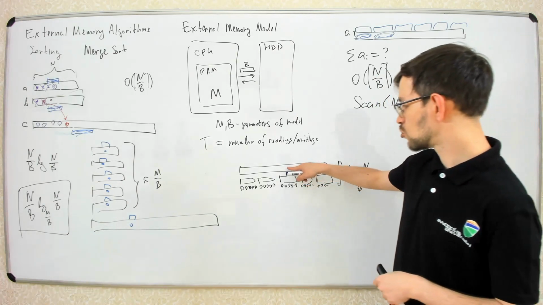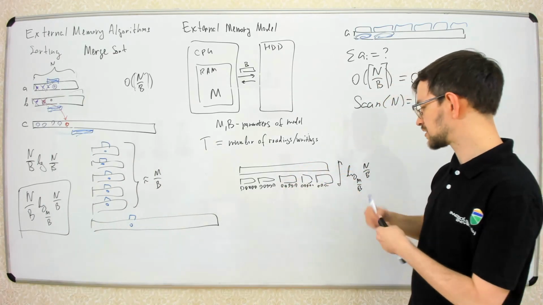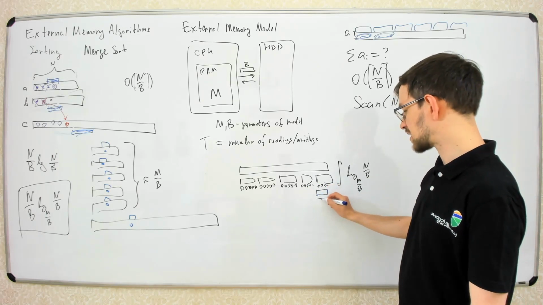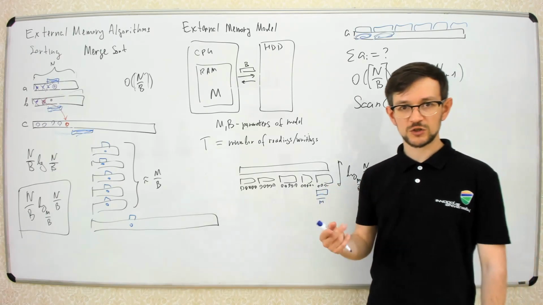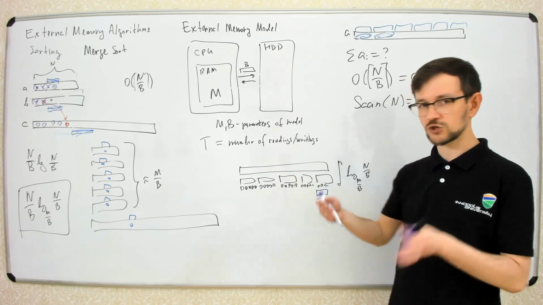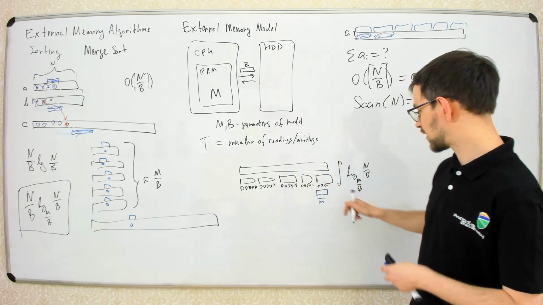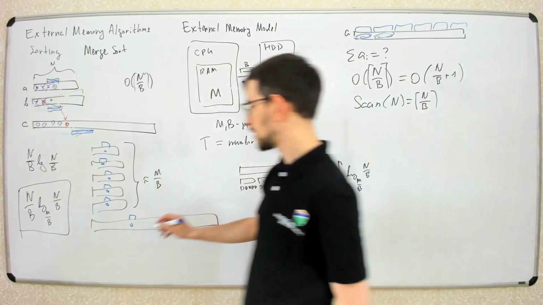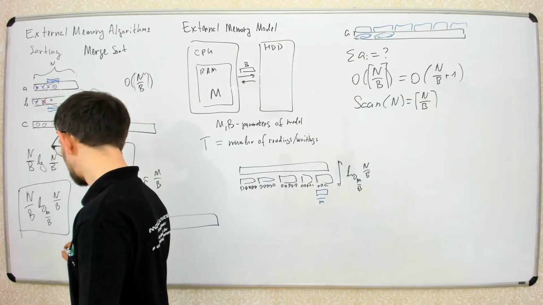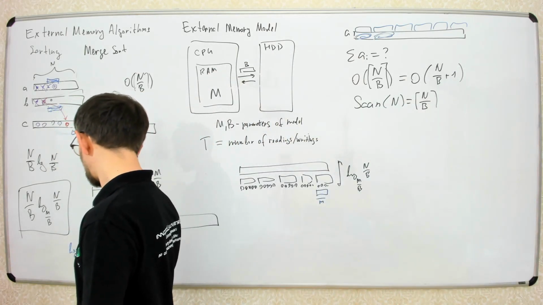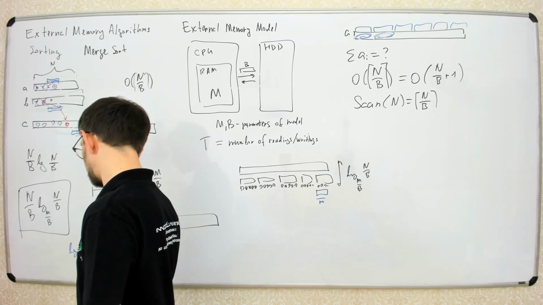You can split your arrays until you reach the size m. So if the size of arrays is m, then you can just read the whole block, sort it inside your memory, and then put it back. So if you do it like this, you will have log of n over m base m over b.